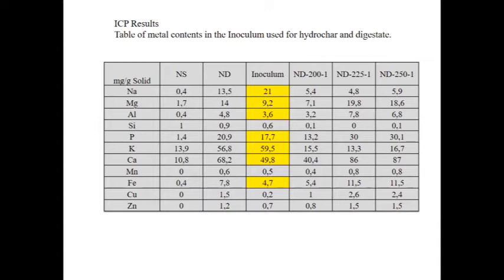On the other hand, a major part of the magnesium, calcium, and aluminium remained in the hydrochar, particularly in Narlısaray dry digestate 225 and 1 hour, and Narlısaray dry digestate 250 1 hour, which caused the higher ash content.